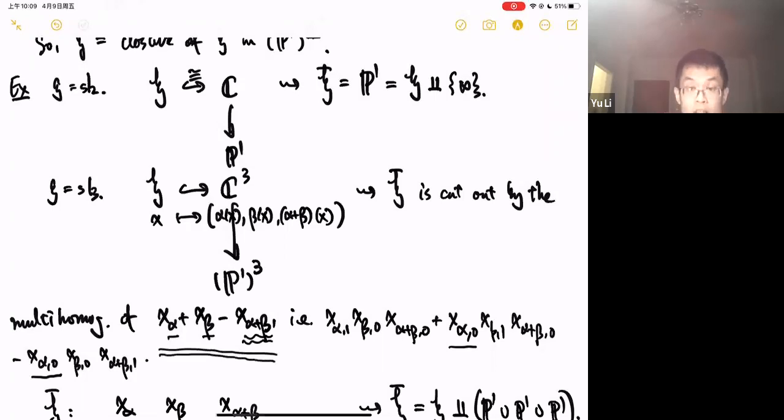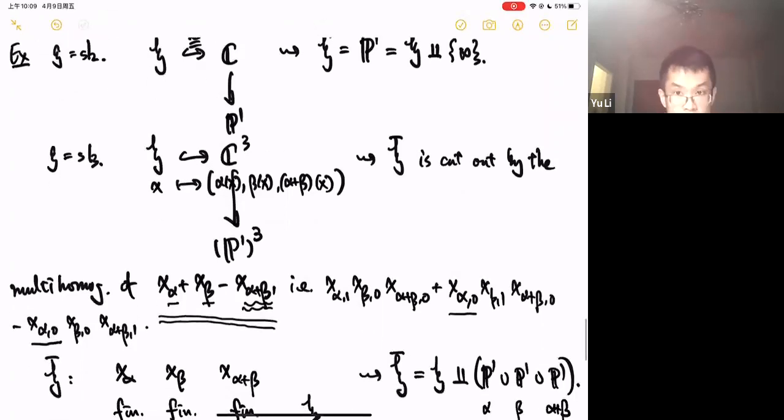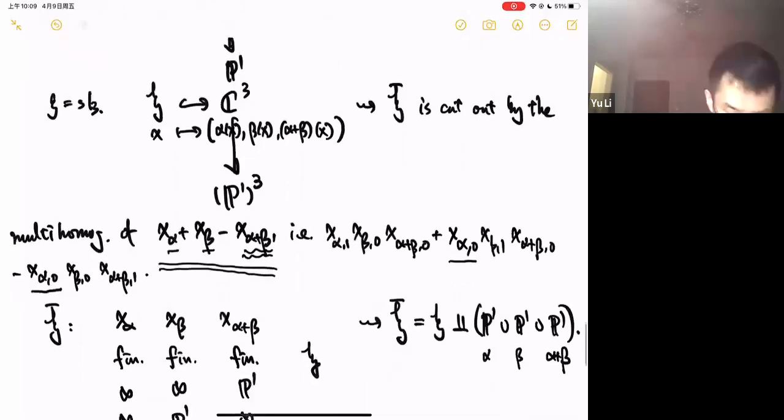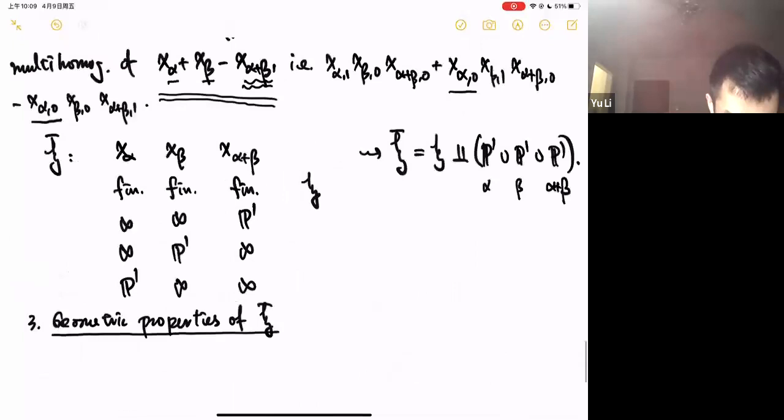And then I multi-homogenize this linear polynomial. And then I would expect that this cuts out H bar. Okay, but in general, this is not true. So maybe just an example.